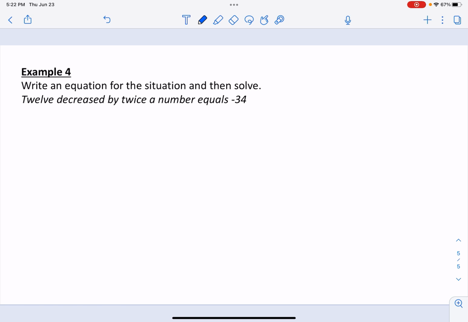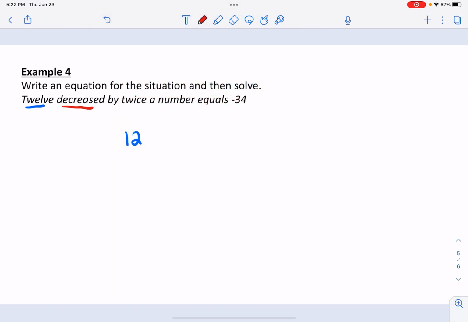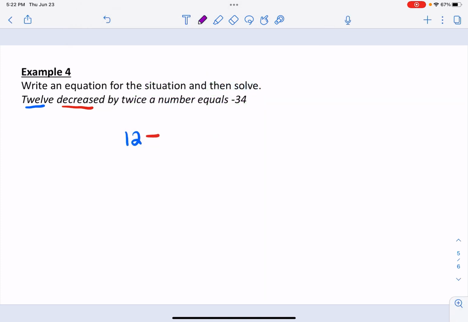Okay, write an equation for the situation and then solve. 12 decreased by twice a number equals -34. So 12 decreased by twice a number.